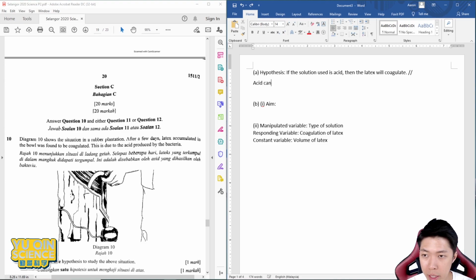So acid can coagulate the latex. Shorter. I like this one.